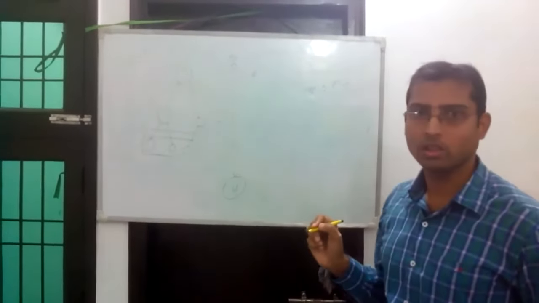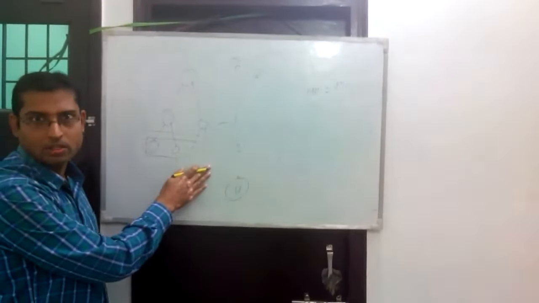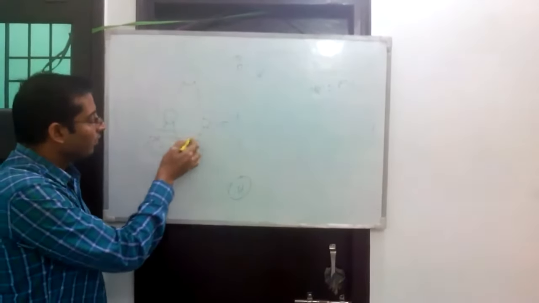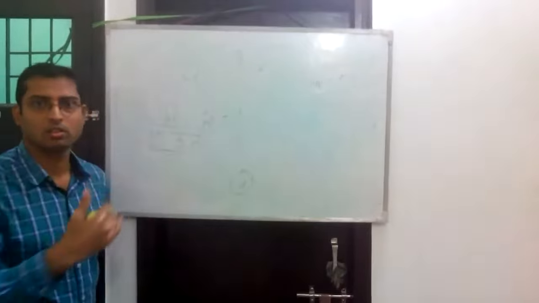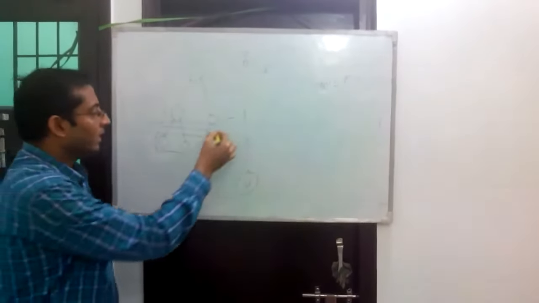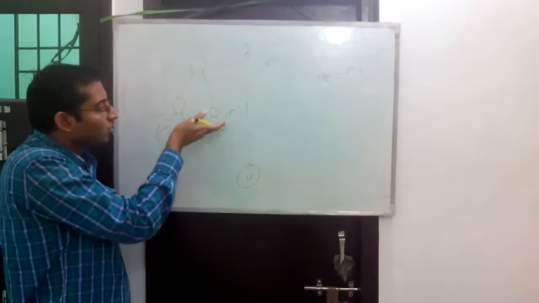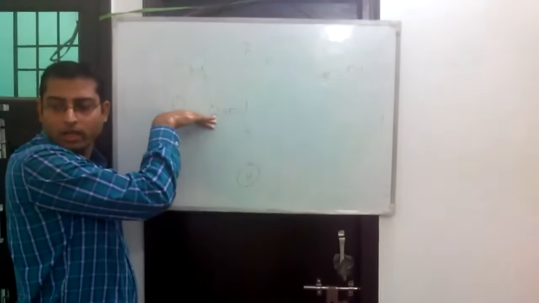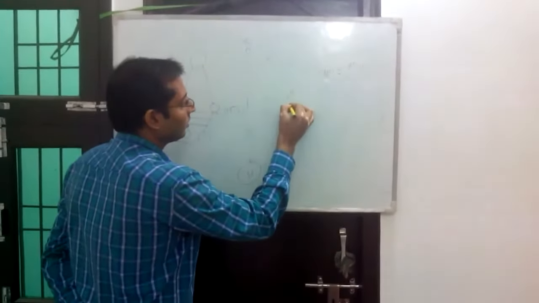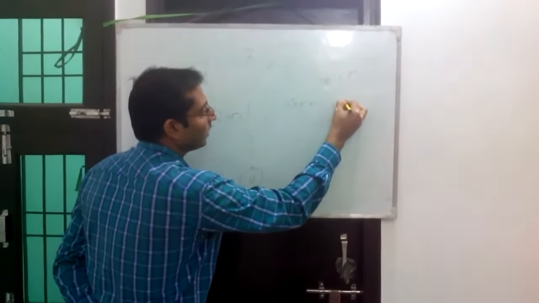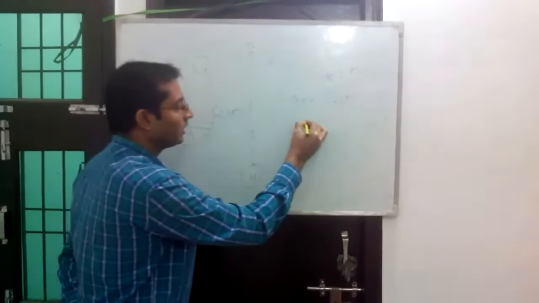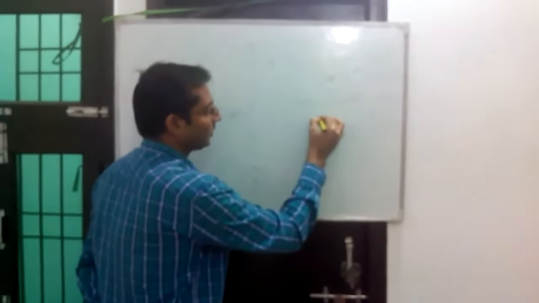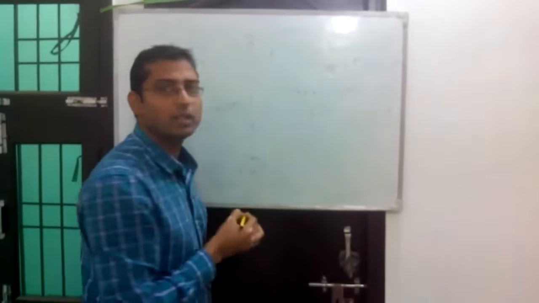But here some nodes are missing at the last level, so we have to consider just the previous level, h minus 1. The h height is not completely full, so we consider h minus 1 height as a full binary tree: 2 to the power 0 plus 2 to the power 1, and so on up to 2 to the power h minus 1, and this value is 2 to the power h minus 1.